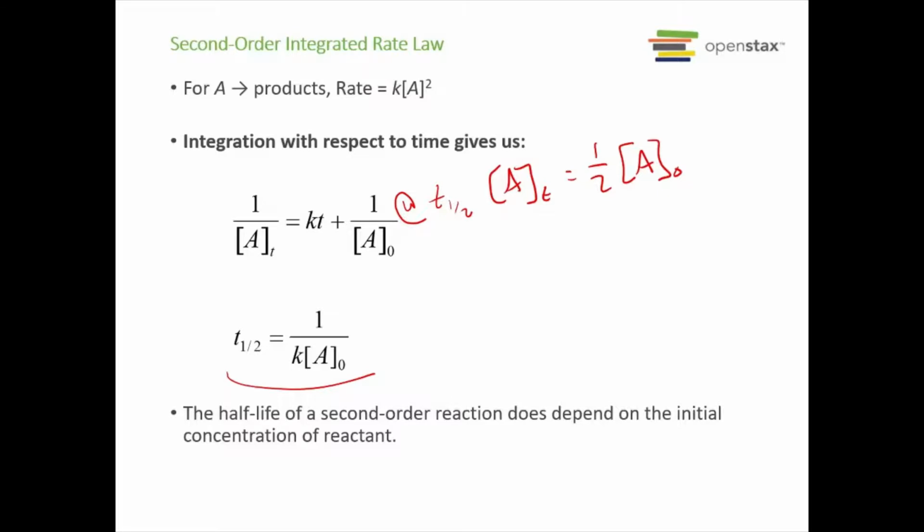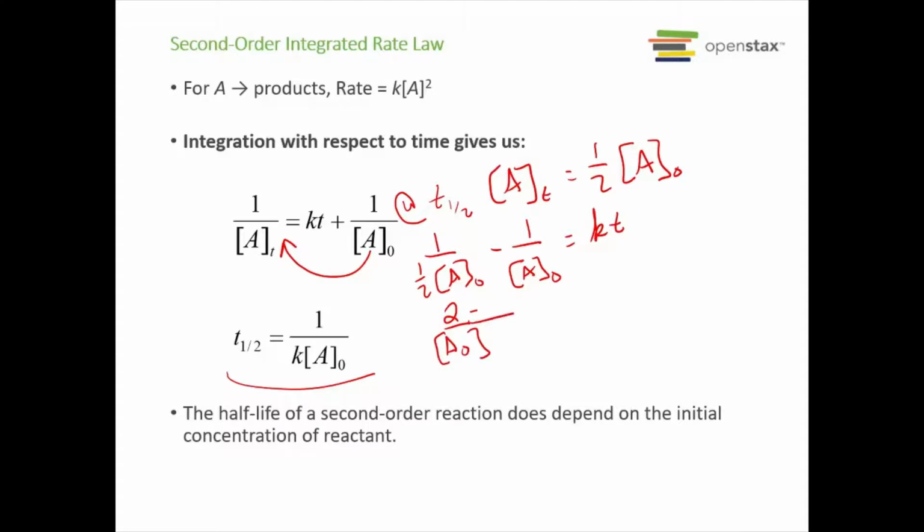So we can substitute that in, and we get 1 over 1/2 A naught, and I'm going to put this on the side, minus 1 over A naught equals kt. And this simplifies down to 2 over A naught minus 1 over A naught. Okay, 1 over 1/2 equals 2.